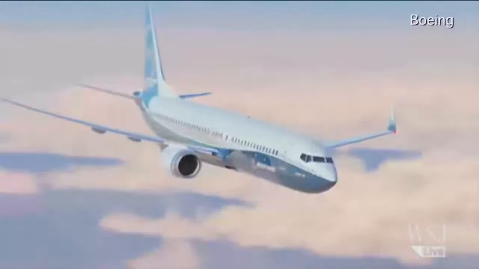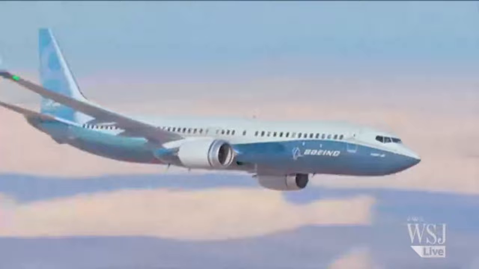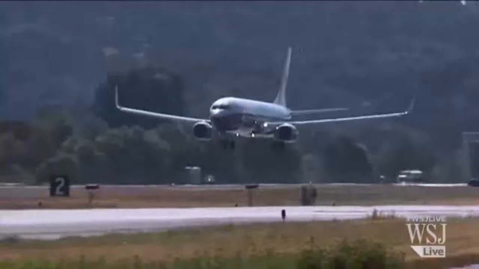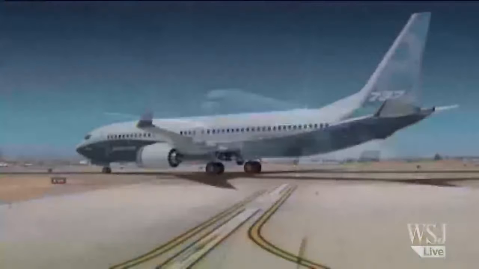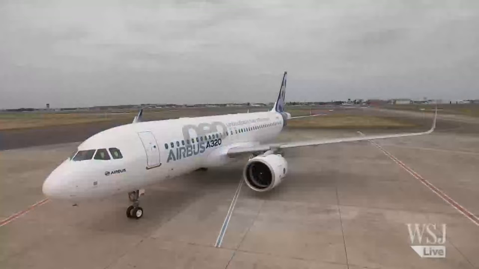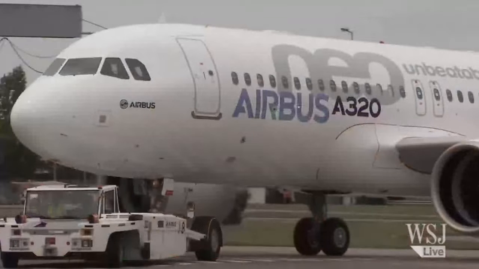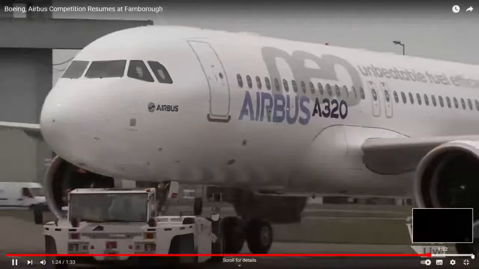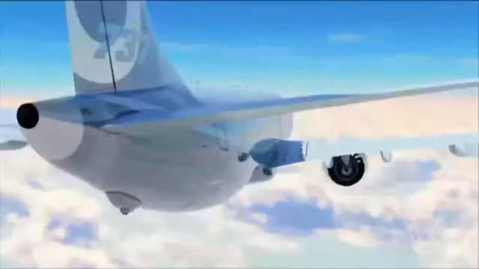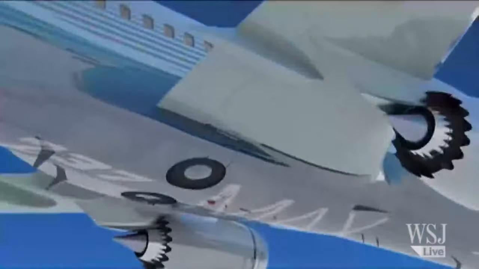Boeing was trying to close the gap, but its 737 MAX, the replacement of the venerable 737, is not due until 2017, 2 years after the A320neo is scheduled to enter service. Both planes already have more than 2,000 orders to their name and are poised to exit Farnborough with even more. How many more? Stay tuned.